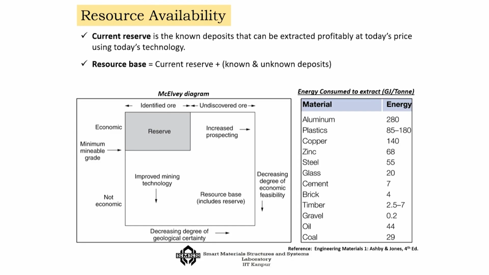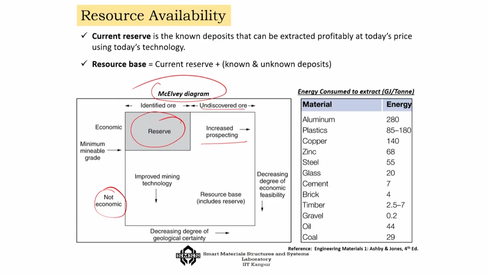Now, we always should keep this McKelvey diagram with us, which talks about two things. What is the current reserve, that is the known deposits which can be profitably extracted, and what is the resource base. And keeping this point in mind, you can see where the reserve is, which is always smaller, and there will always be possibilities of undiscovered ore, but the more you go in that direction, maybe it will become not economic, and that is why reserve is always lesser than the resource.